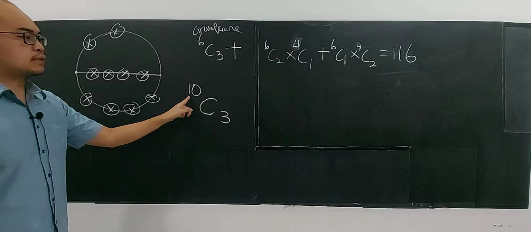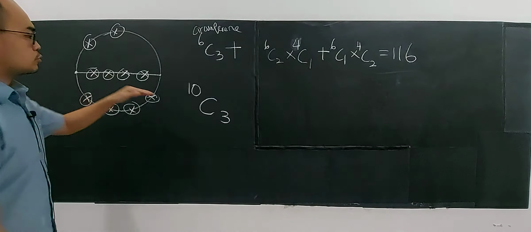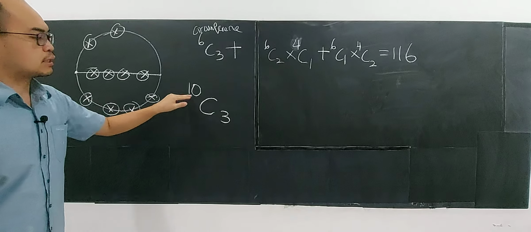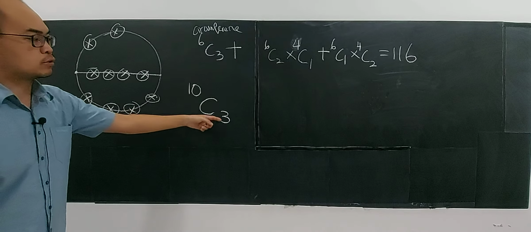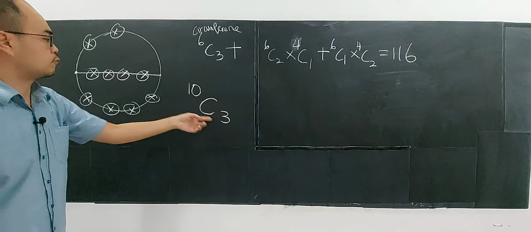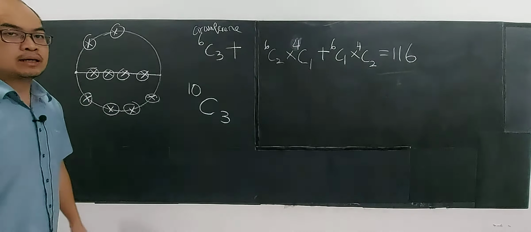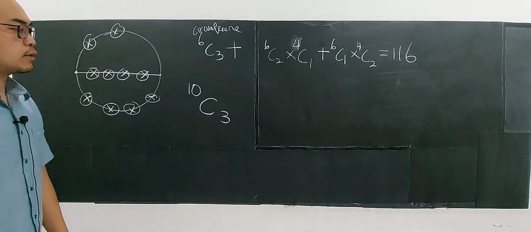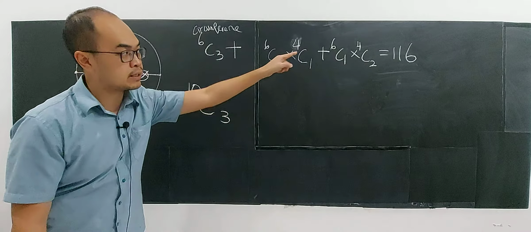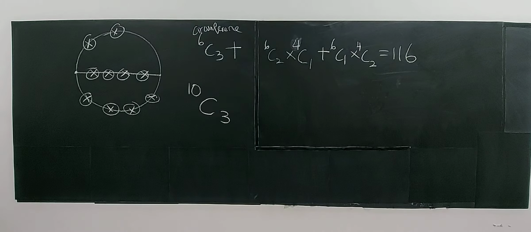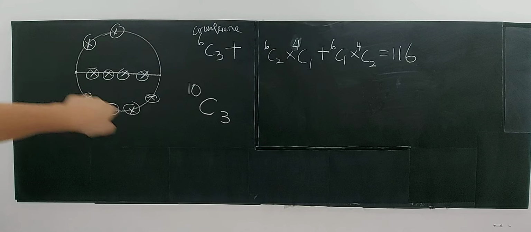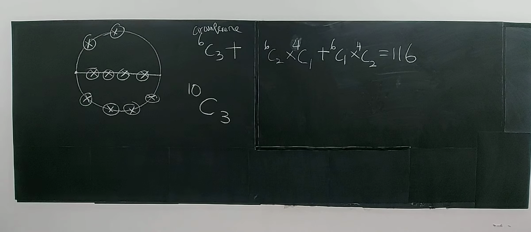How can you choose 10C3? Because you don't know where the 10 comes from, and you don't know where the 3 comes from. Maybe from this line, so how can you form a triangle? If you calculate this, it will be bigger than this value here. So it's impossible, except if all 10 points are on the circumference, then okay. So now cannot.